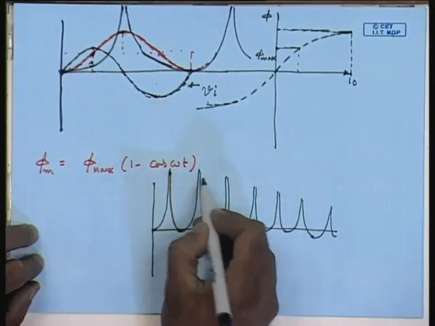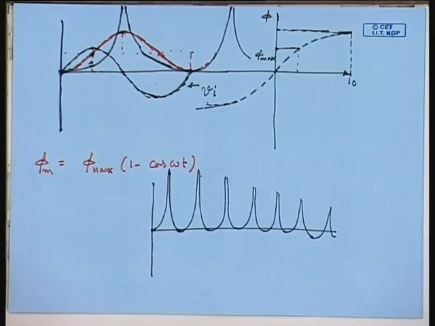So, the first peak can be 50 to 100 times the normal steady state peak magnetization current, which means it can be 5 to 10 times the full load current of the transformer for the first 1 or 2 cycles. This is called the inrush phenomenon in a single phase transformer.